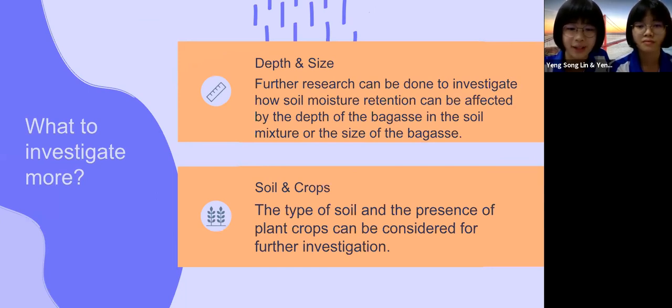We'll also like to include plant crops. As we know, different crops have different evapotranspiration rates. So how much sugarcane bagasse can we put for different types of crops? And lastly, we'd also like to know how the types of soil will affect the soil moisture retained.